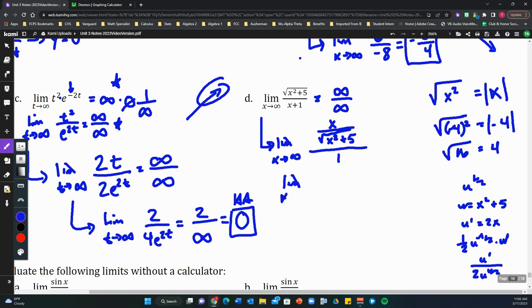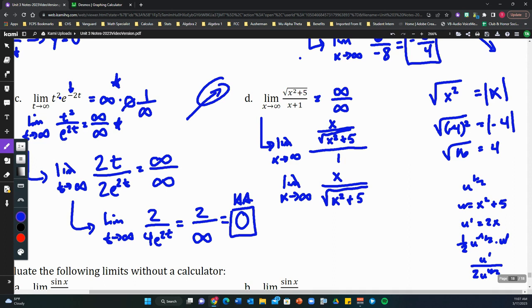So I'm just rewriting this. I'm not applying L'Hopital's a second time or anything yet. So I'm only looking at this guy. So now that we've cleaned it up and rewritten, now we can take the limit of this result. So again, it's a fraction, so we'll take the limit of the top and the bottom independently.